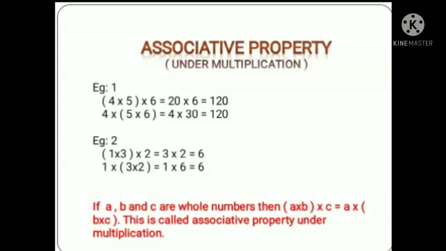The answer remains the same. So, we can say that multiplication satisfies associative property. If A, B, C are whole numbers, then (A x B) x C equals A x (B x C). This is called associative property under multiplication.